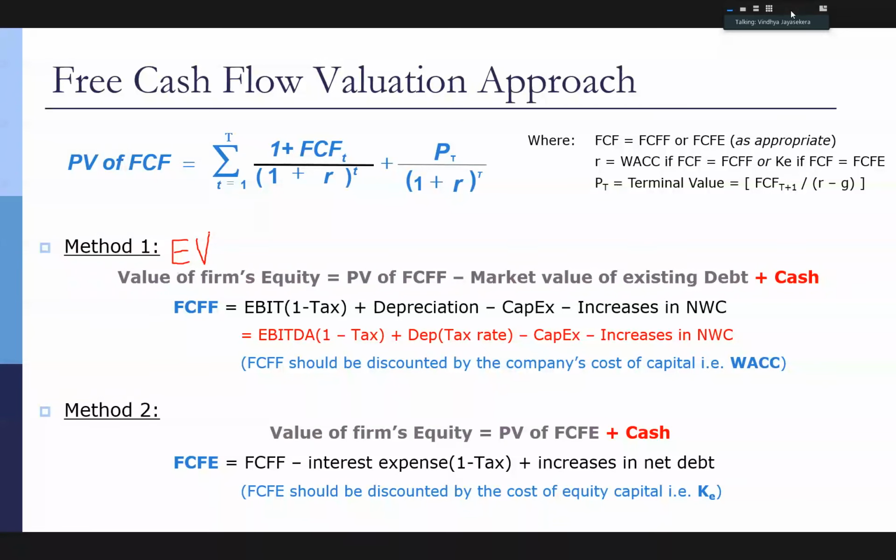So by forecasting the firm's cash flows, the cash flows that are available to be paid to both equity holders and debt holders, creditors, I can come up with, in today's value, how much my firm is worth, my enterprise value. This is the value that belongs to both my debt holders and equity holders.